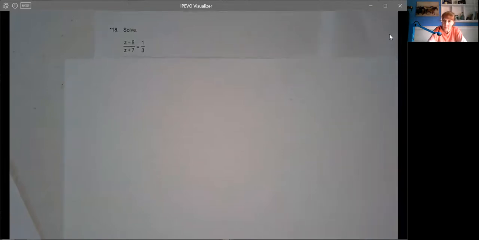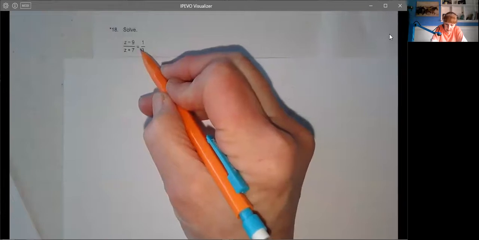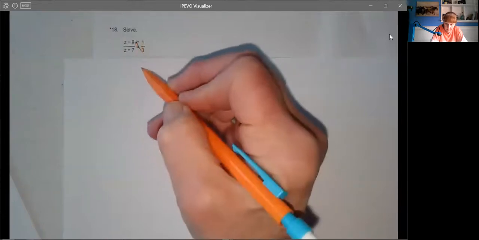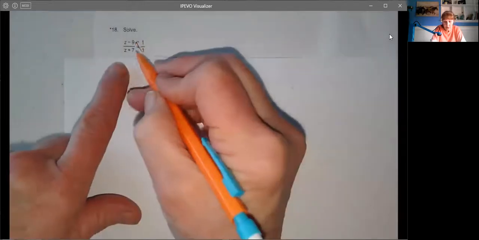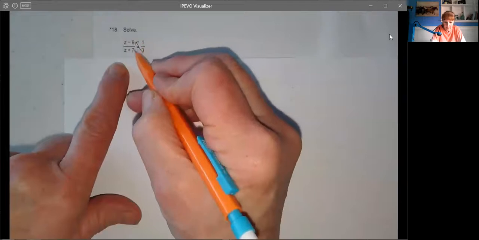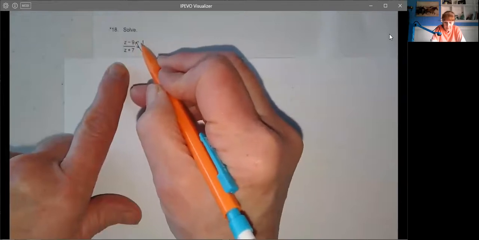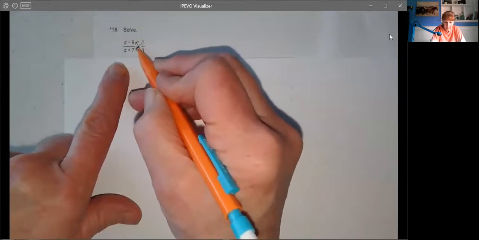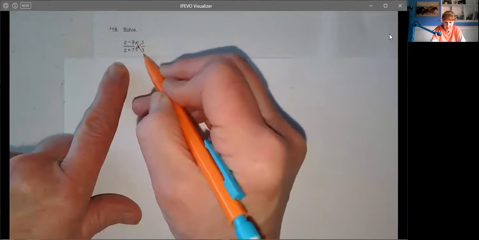This is a proportion, and we're going to solve it for z, and we're going to use the cross product. So I'm going to take 3 times both of those. And here you've got variables with both of them, so it doesn't matter. So I'm going to multiply these two and these two.